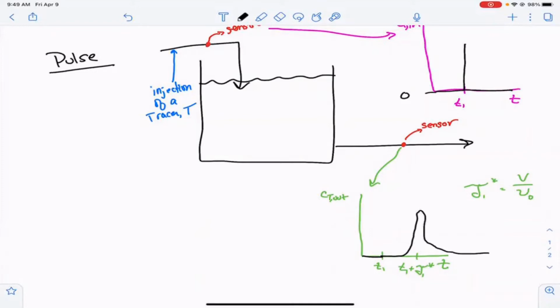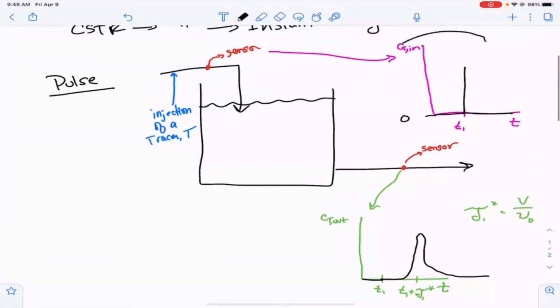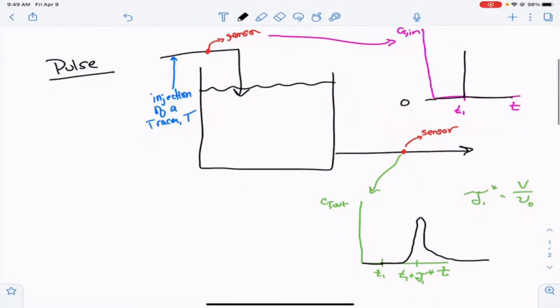And so when we have a pulse input, we have some expectation for what might happen if we added a pulse into the system in terms of the concentration of T here, of our tracer, okay?